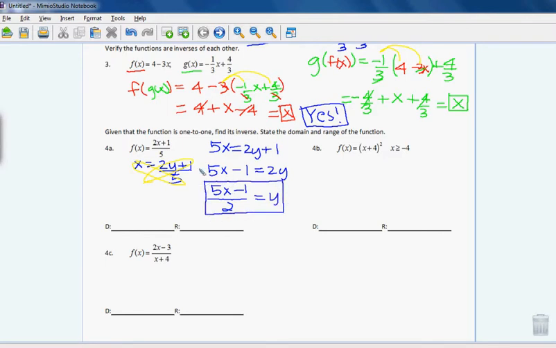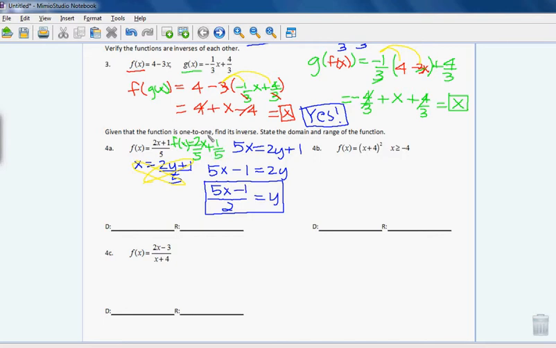Now to find the domain of my original function, I just have to ask myself if there's any sort of restriction, or can x be every single value? Now I know I did show in class earlier that this can also be rewritten. So we would have f of x equals 2/5 x plus 1/5.